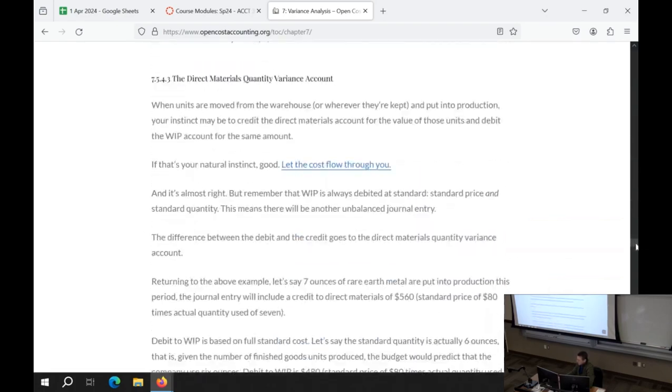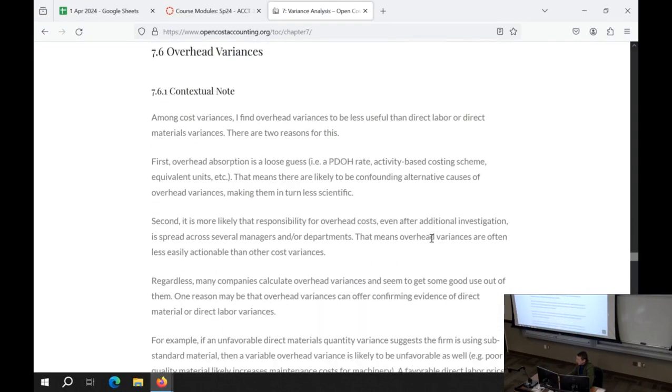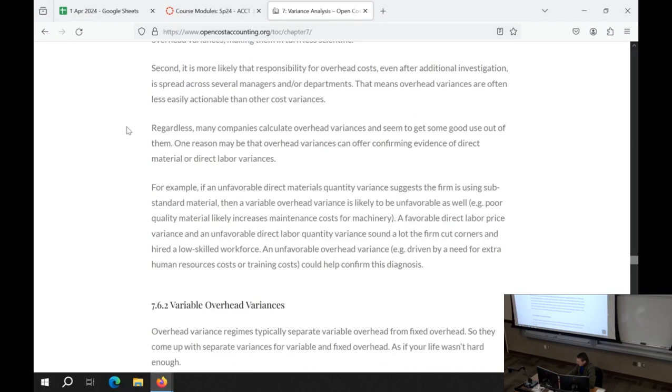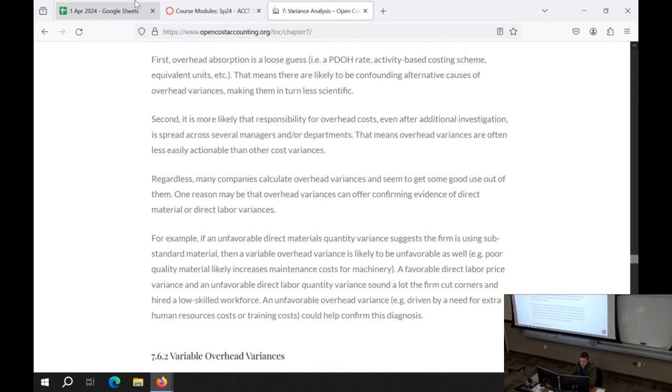Now I have a disclaimer, contextual note 7.6.1 in front of the overhead variances. I wrote that a number of years ago, but I still consider it to be relatively accurate. I'll just summarize it to you in case you haven't gone through and read it and committed it to memory.